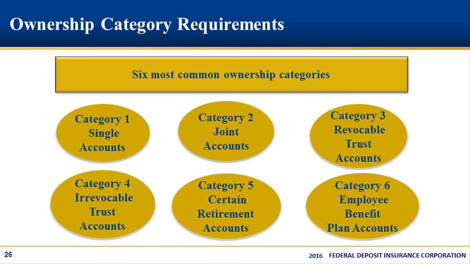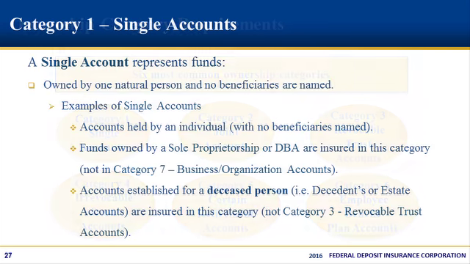As identified on this slide, there are 6 deposit insurance ownership categories which are available to individuals. We will discuss these 6 categories in detail. Our first category is Category 1, Single Ownership Accounts. The rule for coverage for single ownership accounts is simple.